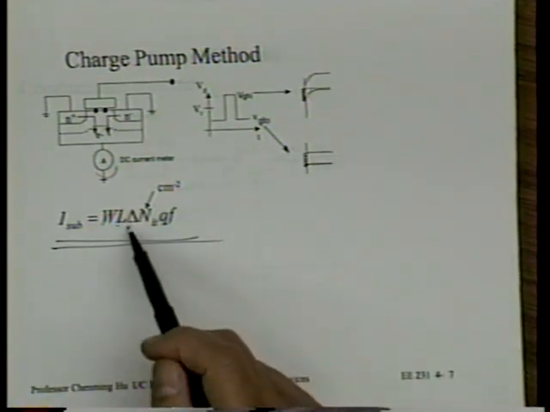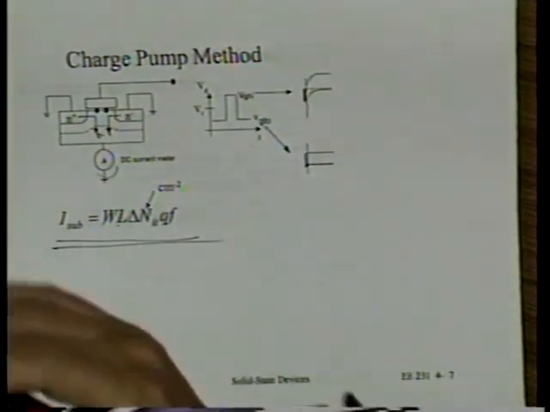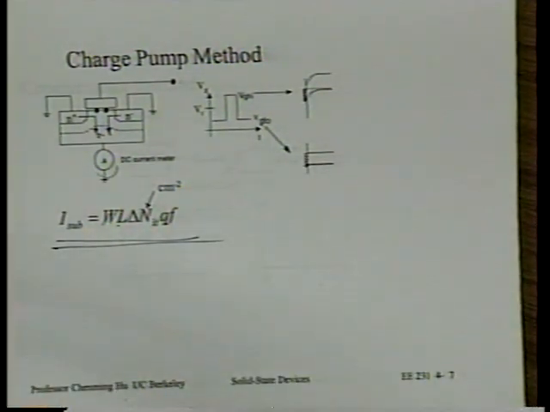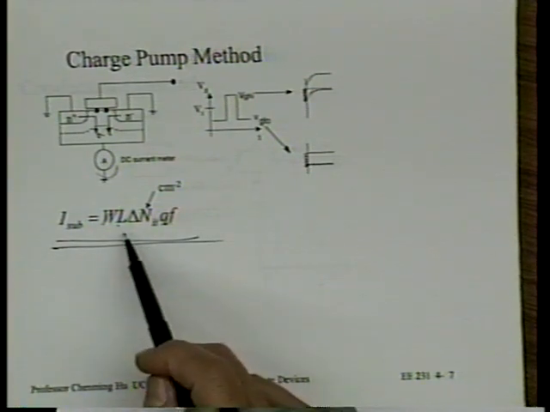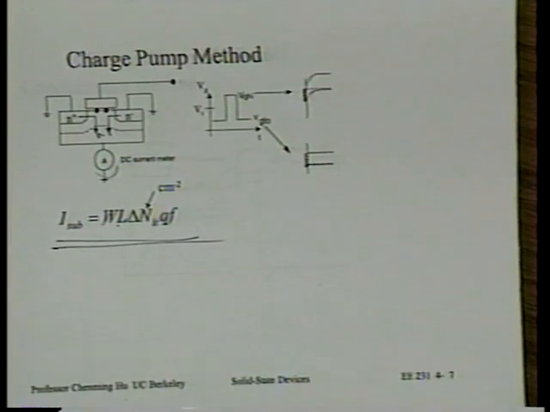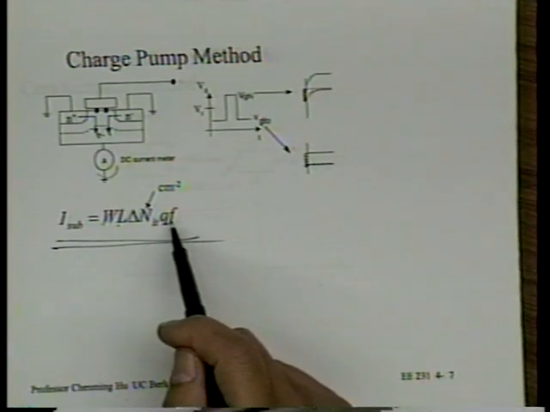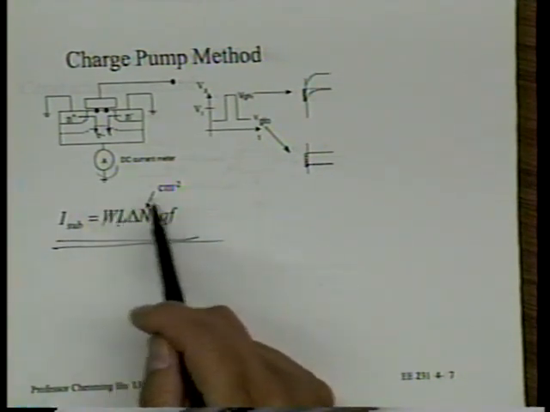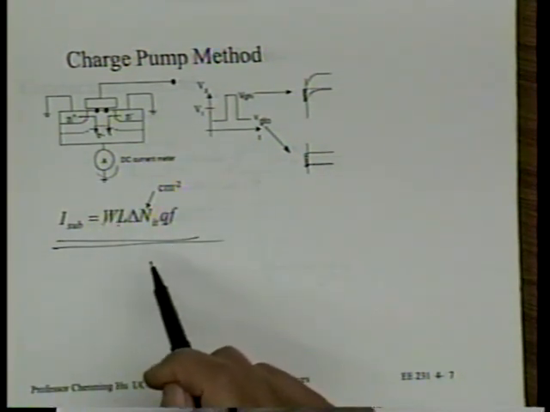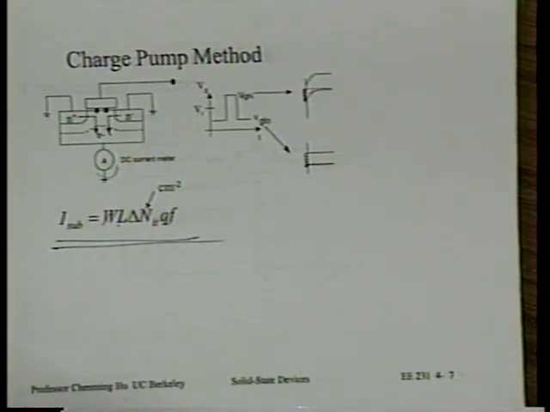This delta indicates the energy range that's being scanned by your bias. You choose the bias to scan a certain range of the gap, times the electronic charge q times frequency. Does it make sense? Think about it. The current will be proportional to frequency, because every cycle you release this much charge. So this technique is called the charge pump technique.